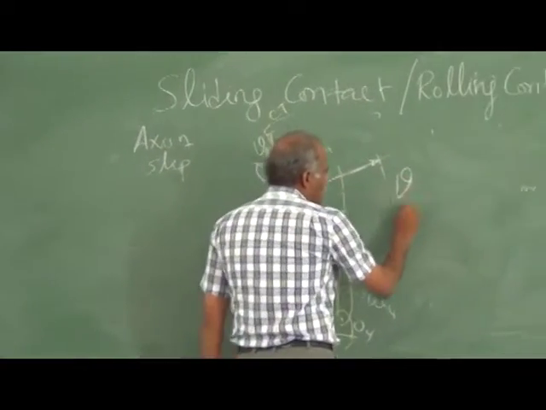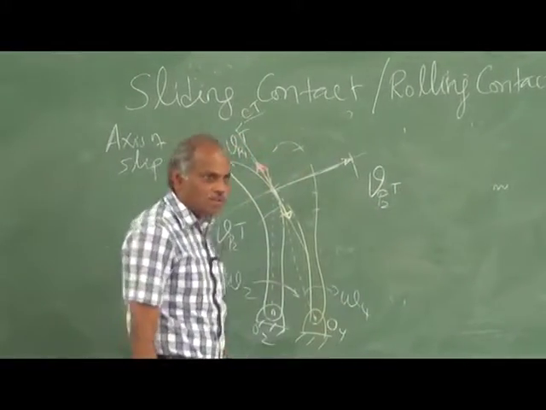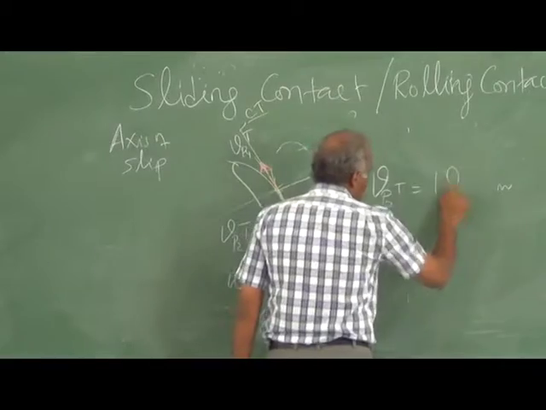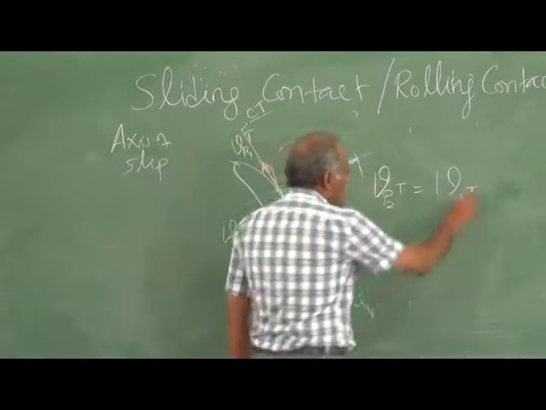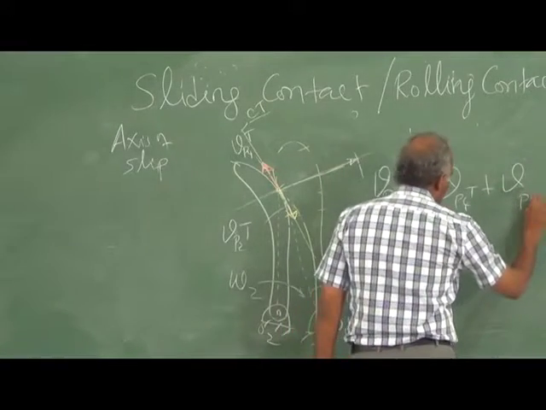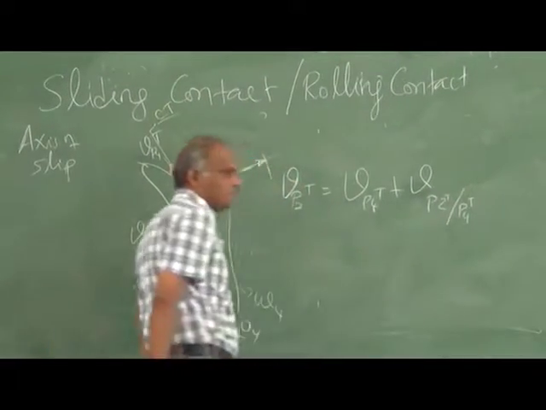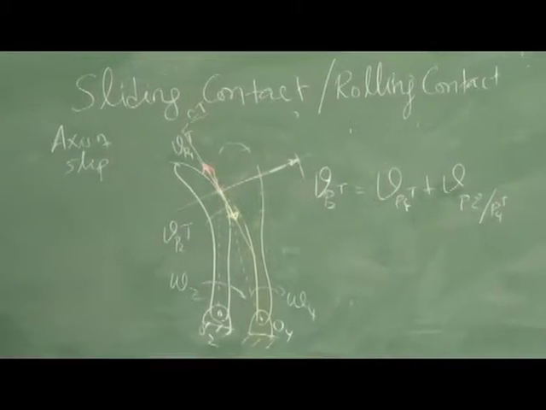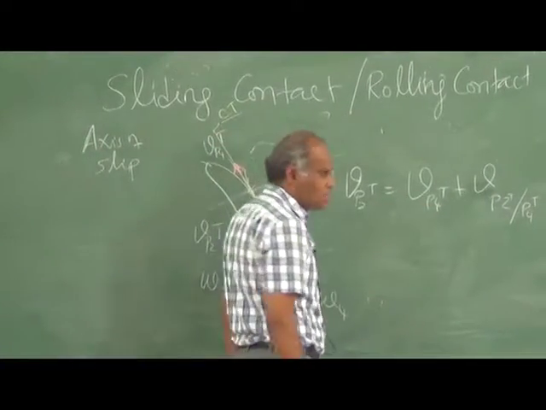We can write that the velocity of P2 tangential component is equal to the velocity of P4 tangential component plus the velocity of P2 tangential component with respect to the velocity of P4 tangential. This is the relative velocity equation.